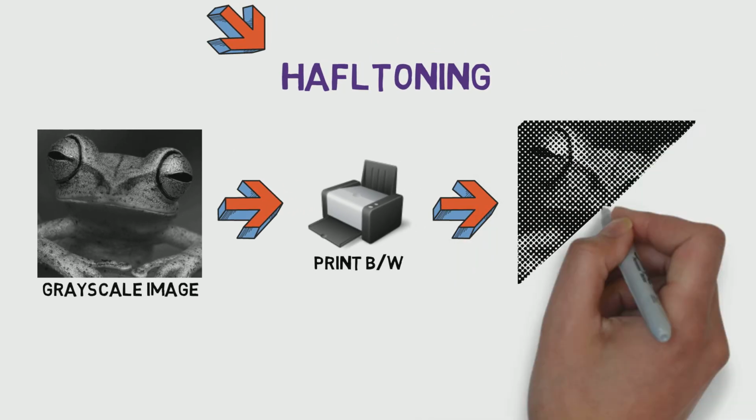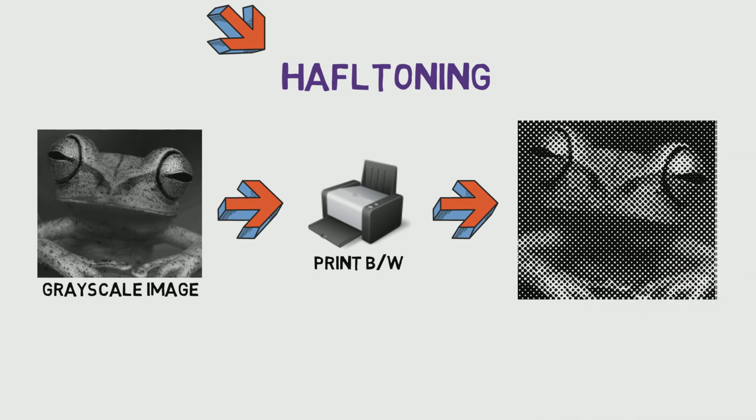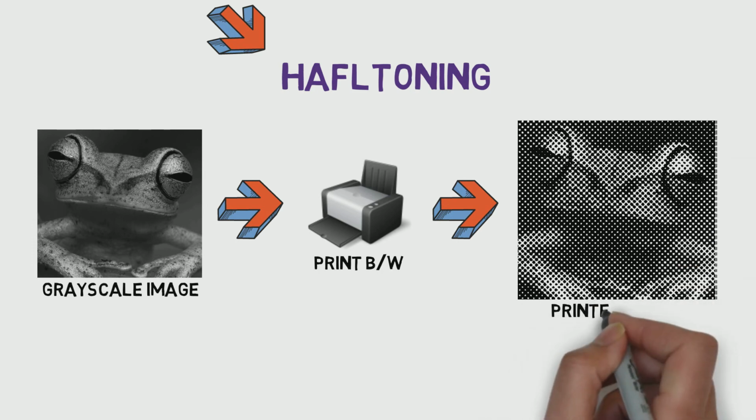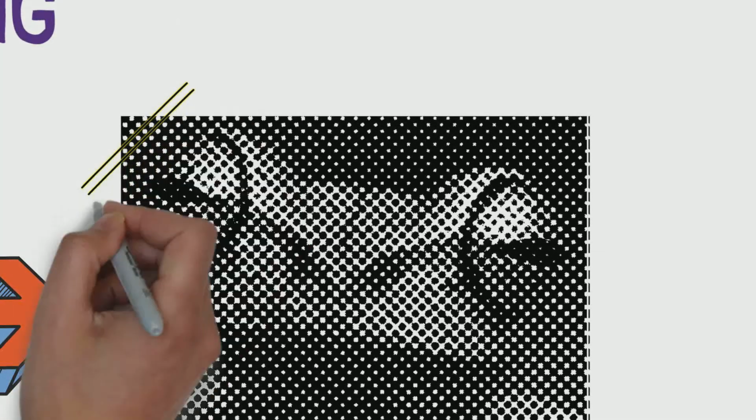So this is what you get. Though it is not very obvious, if you magnify it several times you will see that the image is constructed by dots. And usually for black color, the dots, or in this case the raster, will be at a 45-degree angle. When you make a line cutting the dots at a 45-degree angle, you get a virtual line.